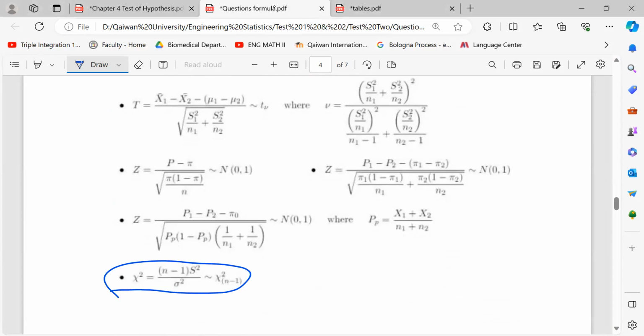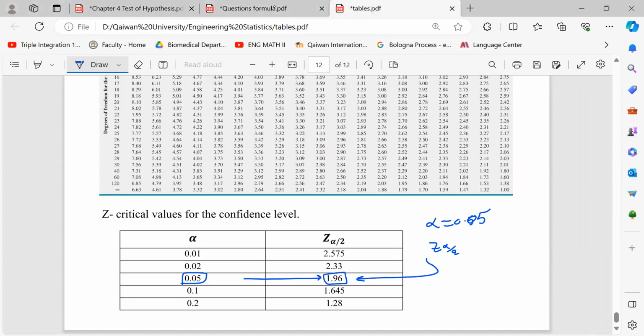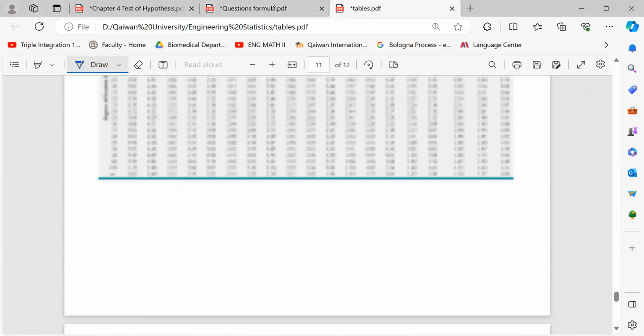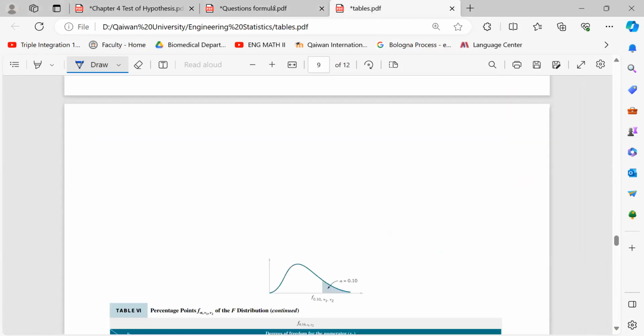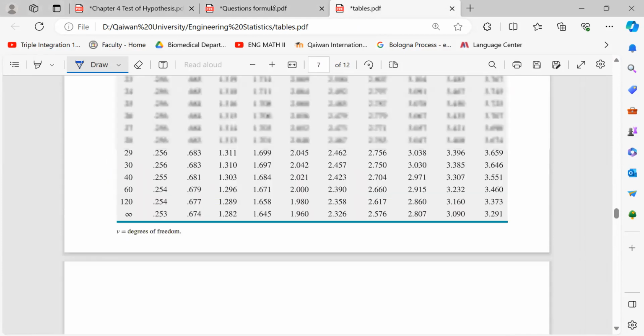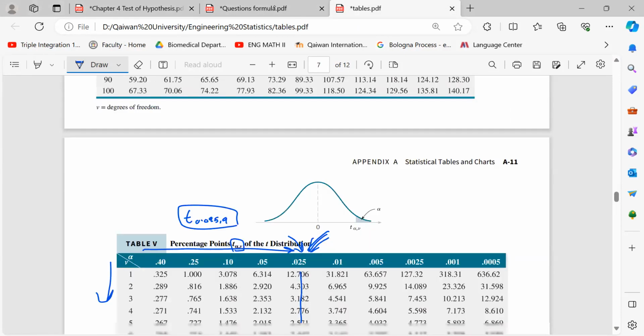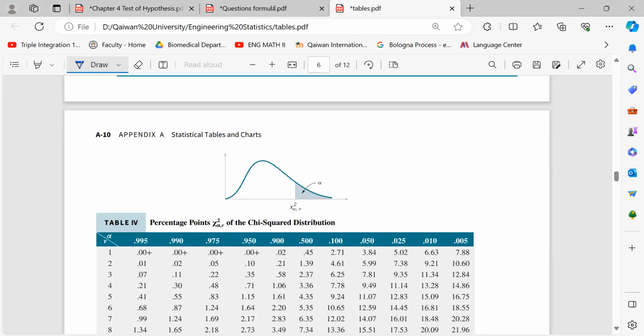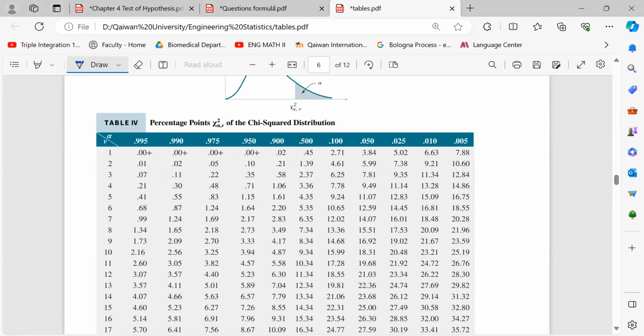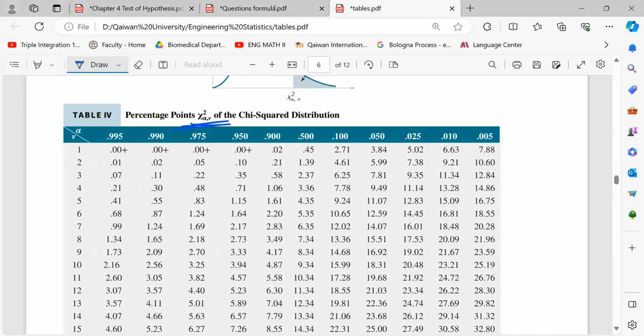So now, in this case, we use the chi-squared table. We don't use the t-table or z-table. We use the chi-squared table. Where's the chi-squared table? This is the chi-squared table. We use this table.